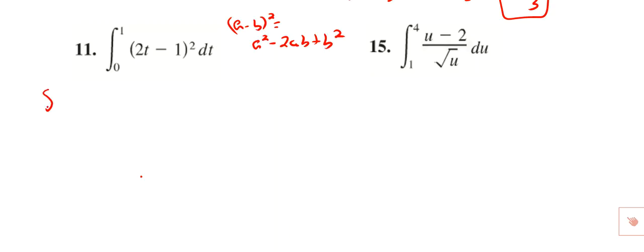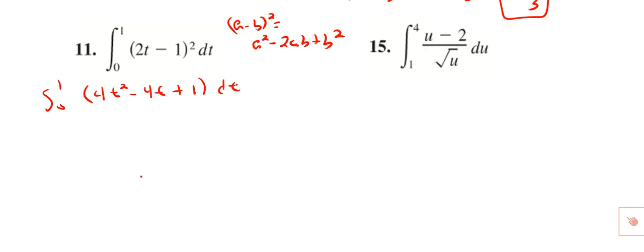So with that information, I'm going to integrate from 0 to 1. I'm going to rewrite this by expanding it out to make it 4t squared, the first term squared, minus 2 times 2t times 1, which is 4t, plus the last term squared, so plus 1.